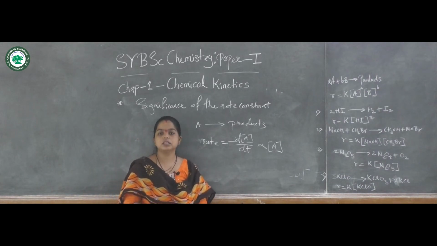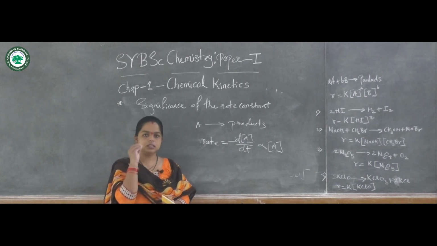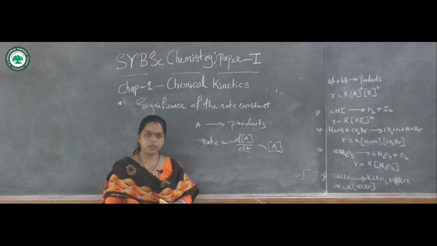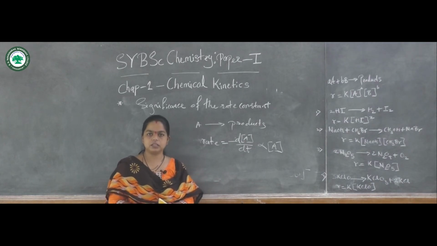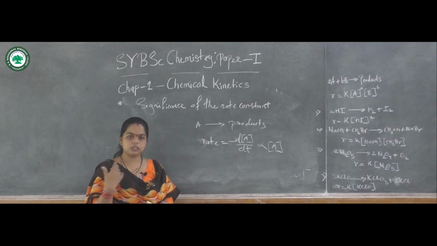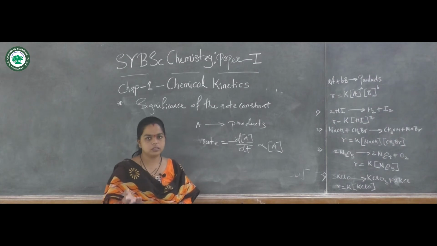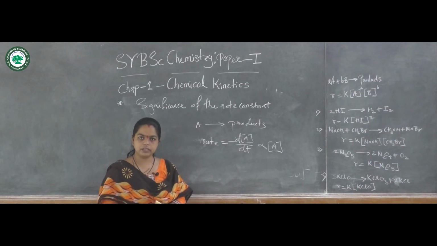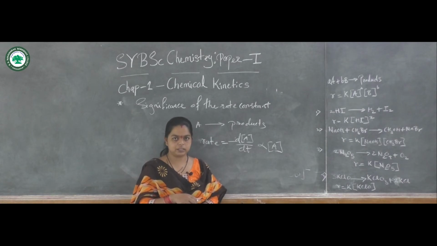Now the rate constant for any reaction is a constant for the particular reactant molecules or compounds. If we change the reactants, then the rate of the reaction will also change. If we change the reactant concentration, the rate of the reaction will also change, because the rate depends upon the concentration of the reactant.